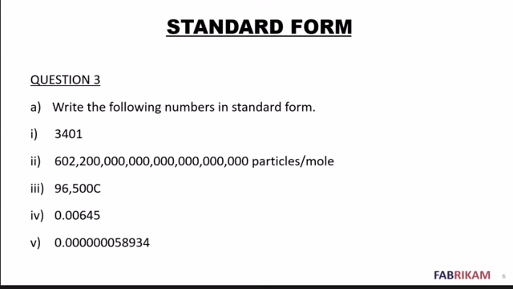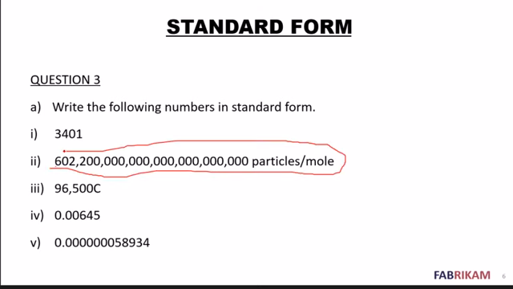How many places is the decimal going to move? 3, 6, 9, 12, 15, 18, 21, 22, 23. So you are going to write it as 6.022 times 10 to the power 23.